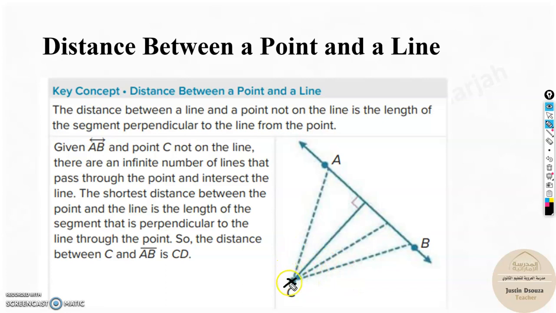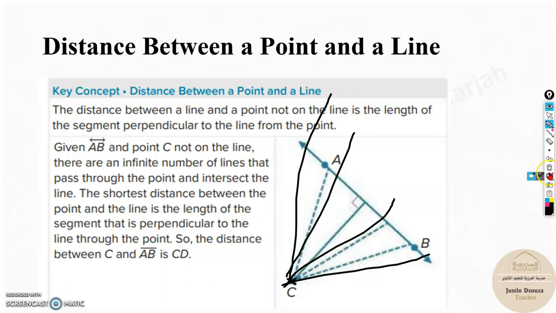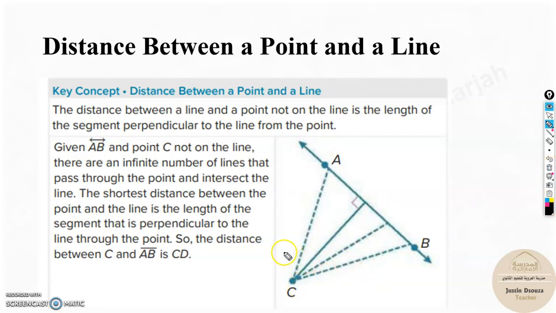Now you can draw an infinite number of lines from this point to this line. Say like this, you can keep on drawing straight lines. Mine are very crooked, but I hope you're getting the point. You can draw any number of lines, but there can be only one particular line which will be the least distance.